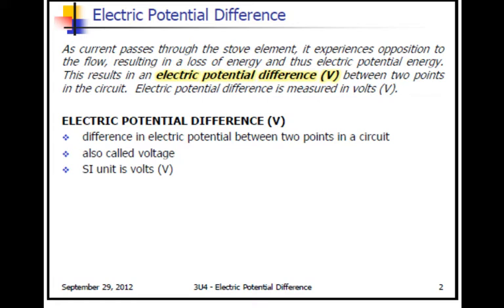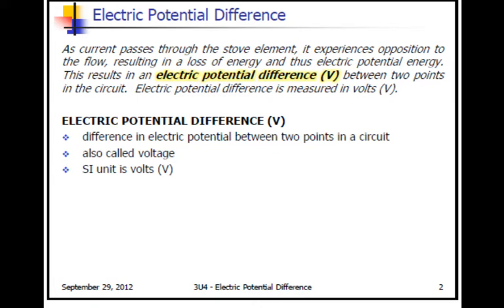The electric potential difference is measured between two points in a circuit, like across a load. In this case, we're talking about the stove element. So across that stove element, there's a difference in the electric potential energy before and after. We measure this in a unit called volts, and electric potential difference is sometimes called voltage.